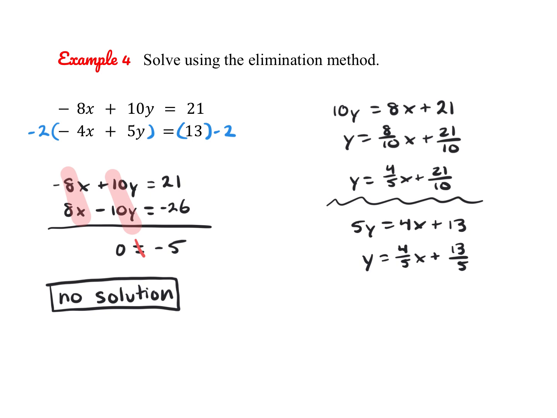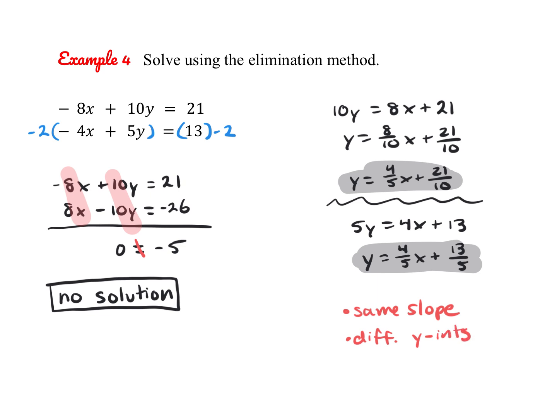So if you compare these two equations, you have two equations that have the same slope. So notice that they have the same slope, but different y-intercepts. So they are not the same equation. It's not the same line sitting on top of itself.